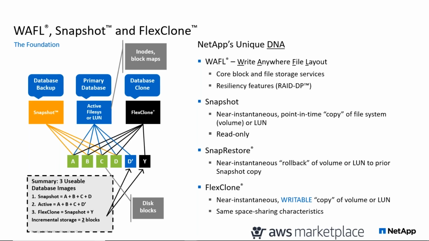So if you're doing a snapshot of node 1, and then you create a flex clone of that, and you keep writing to it, instead of having a whole bunch of incremental storage for each incremental write or every clone that you do, instead of having 6, 12, 14 additional blocks, you only have 2 blocks for an extra block write in each of the primary data set and the flex clone.